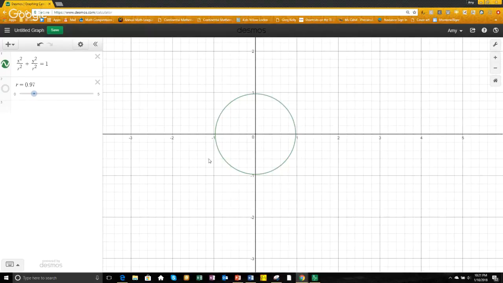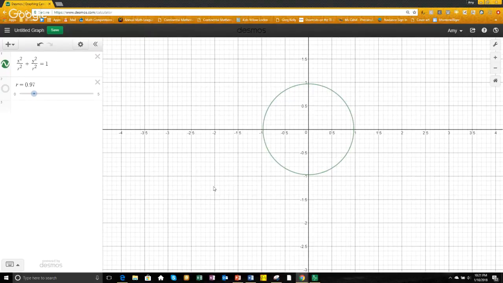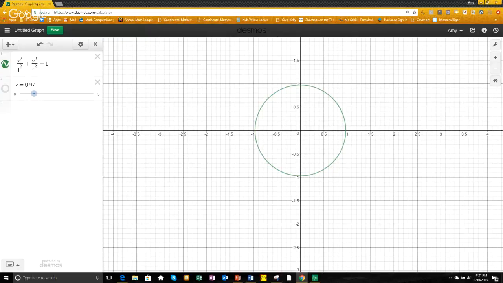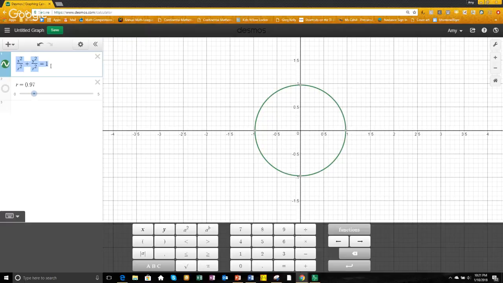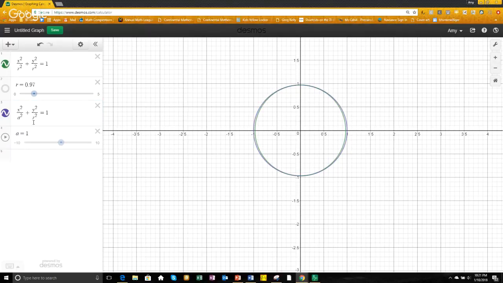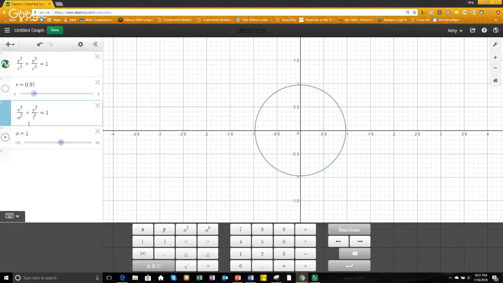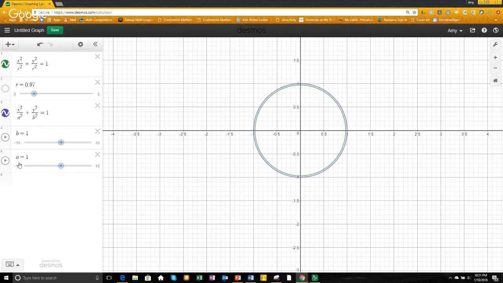Okay, now, what happens to a circle if I change the equation slightly, and instead of r squared, I put an a here, and I add a slider a. And if I put b here, and I add a slider b, I have a circle now, which you can tell because a is equal to b.